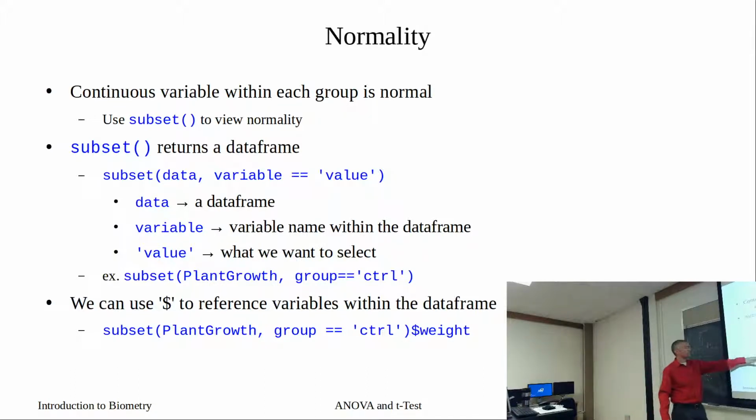So for example, run this. Subset PlantGrowth comma group equals, double equal sign, CTRL. And CTRL has to be in quotations.